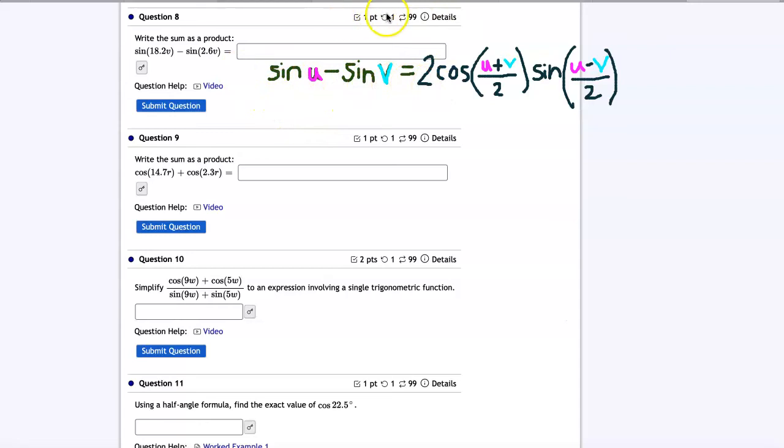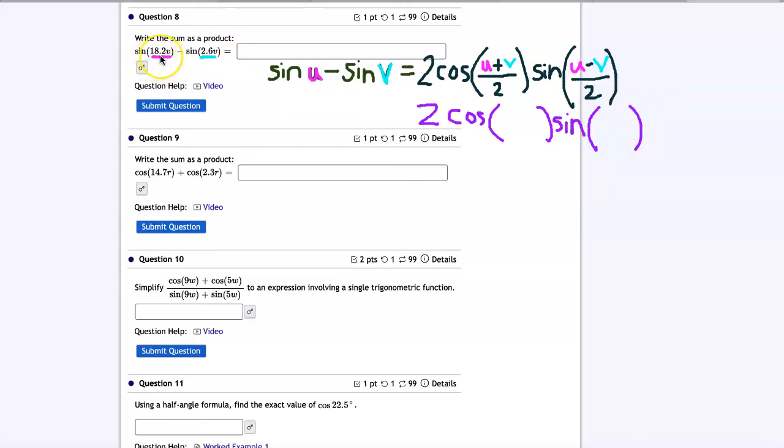We're going to replace every occurrence of u with 18.2v, and then we replace every occurrence of v in the formula with 2.6v. So then the result is going to be, I have the 2 here, and then I have the cosine, and now I'm going to replace u every time with 18.2.